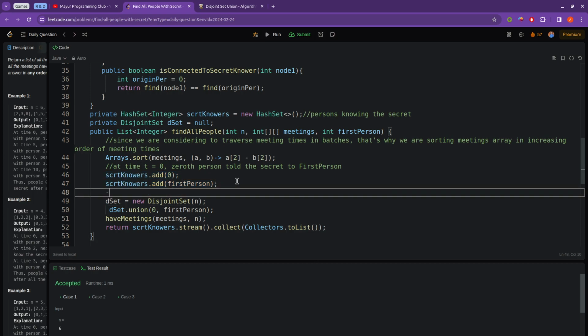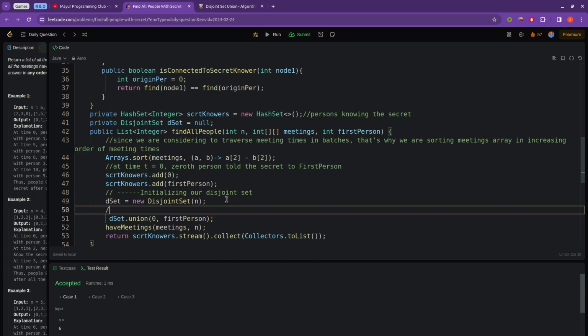Okay, then we will be initializing our disjoint set. Once we are done with it, we will union the nodes of the 0th person and the first person.